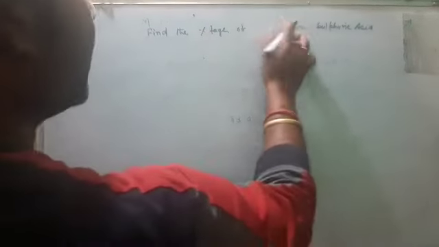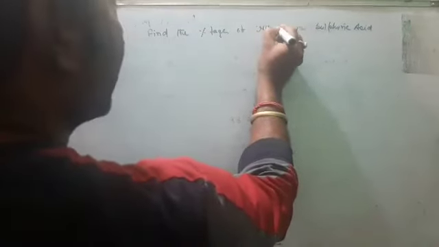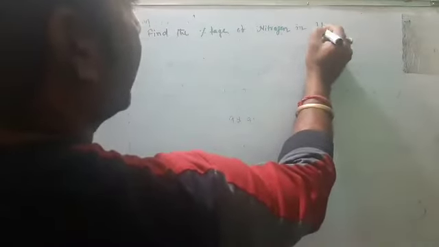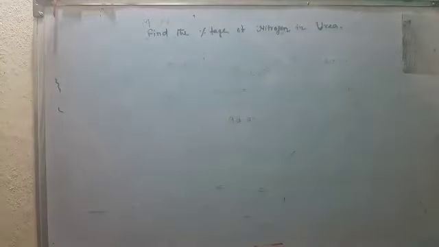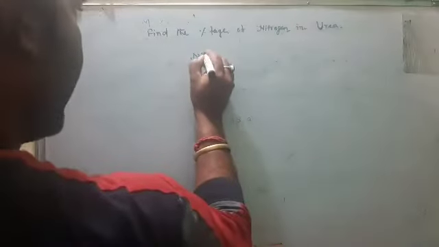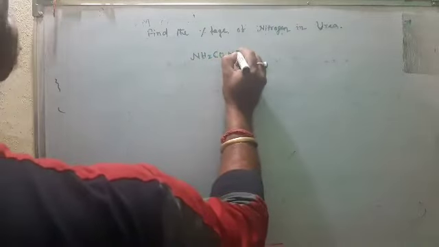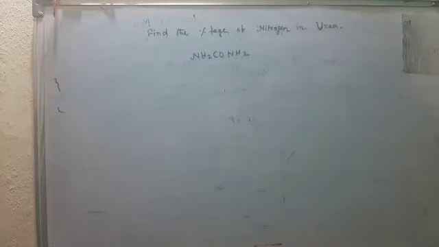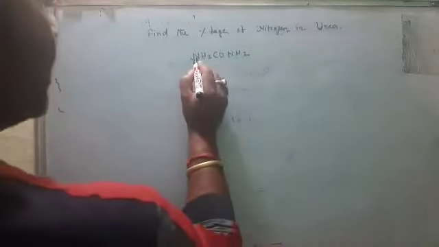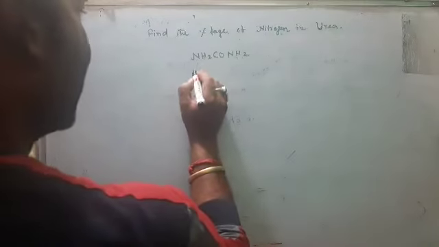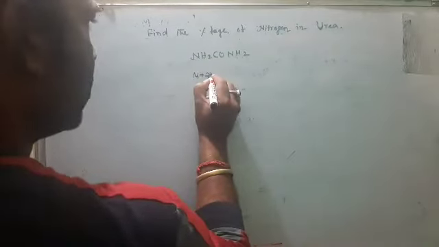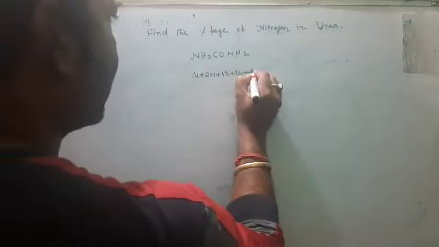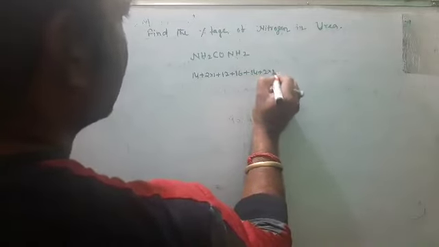The formula of urea is NH2CONH2. So here, nitrogen 14 plus hydrogen 2 into 1 plus carbon 12 plus oxygen 16 plus nitrogen 14 plus again 2 into hydrogen 1.